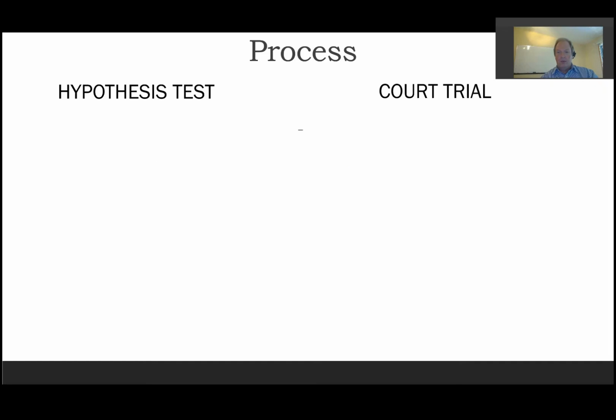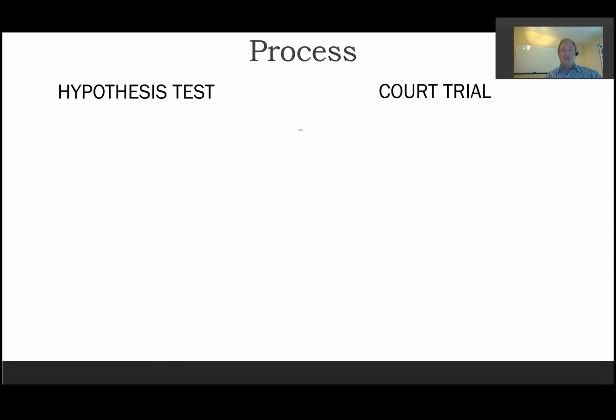So what I want to do next is go through how a hypothesis test works. What are the general steps? Remember, we said statistics is a rational process, okay? And it turns out that a hypothesis test is actually a very general term. It actually comes not from statistics. It comes from a branch of philosophy called epistemology, which is the study of how we know what we know.